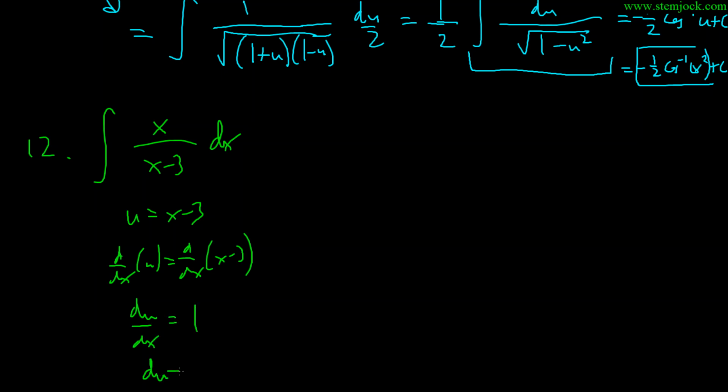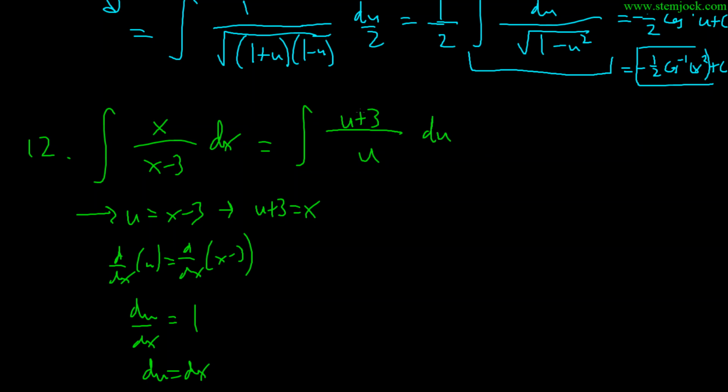So du equals dx. So this integral becomes, oh, I need to know what x is. To do that, I have to solve this equation here for x. So this is going to be u plus 3 equals x. So u plus 3 is in the numerator, and on the bottom, x minus 3 is u. And dx, I can replace it with du.